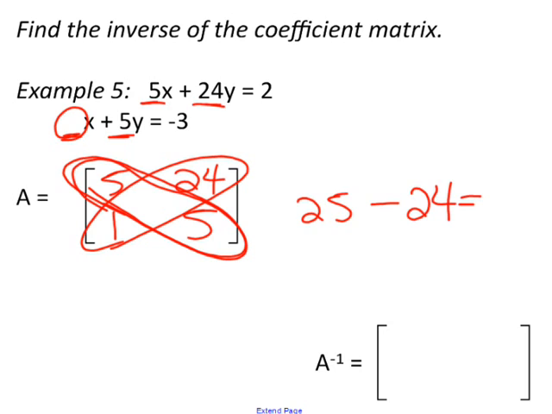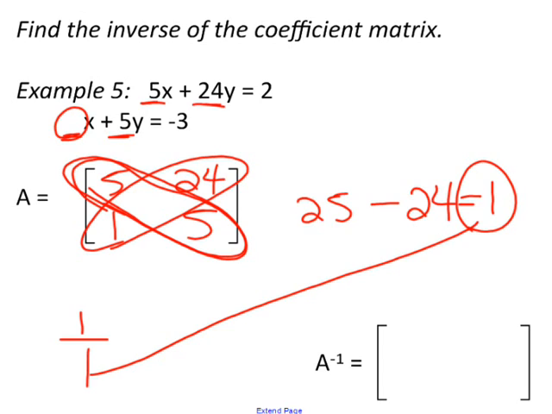When we subtract them, we get a 1. Now with the inverse matrix, we take this 1 and put it in the bottom, and we put a 1 on top. It's always a 1 on top. The number on the bottom changes depending on what number is over here.